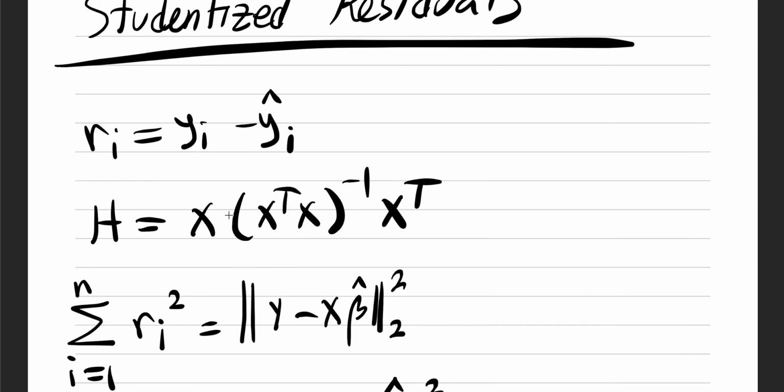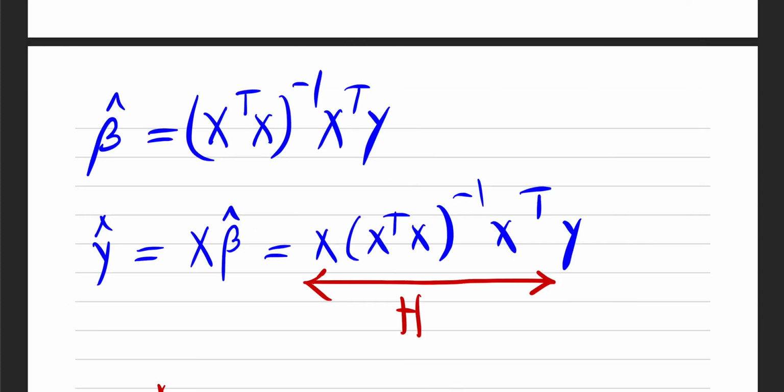Where does the hat matrix play a role? The hat matrix shows up here.